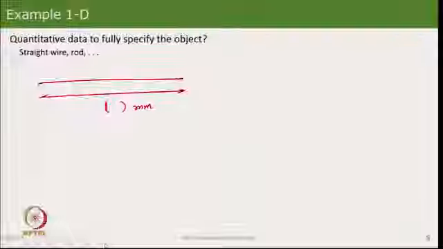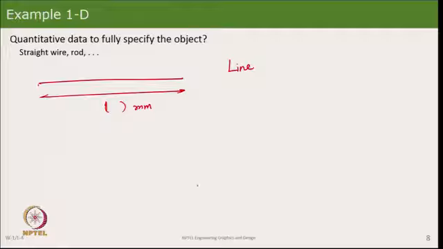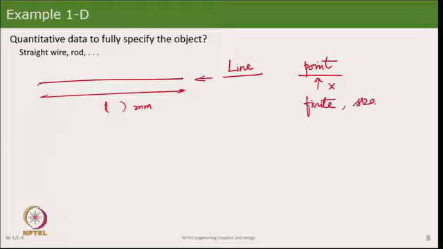Mathematically, this is a line whose end, theoretically at least, is a point. In the real world, there is no such thing as a point. Everything is finite, has a size, and we have to say what is the size.